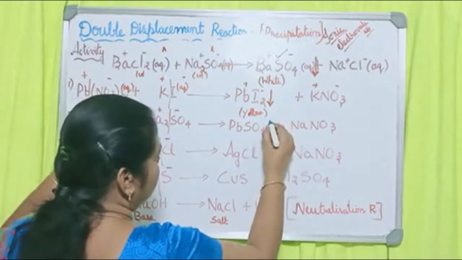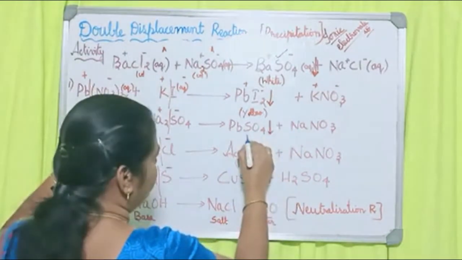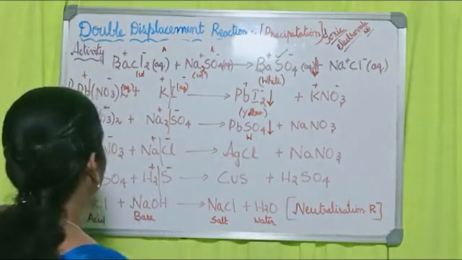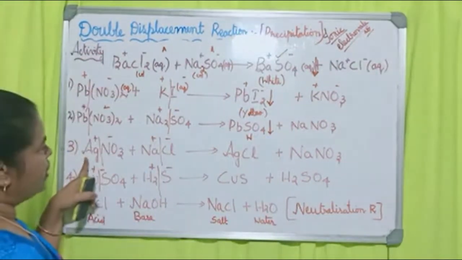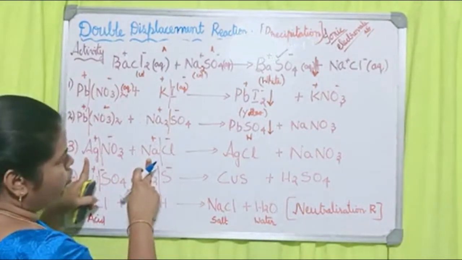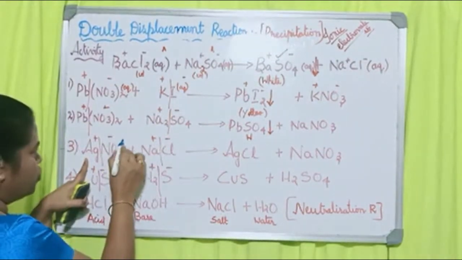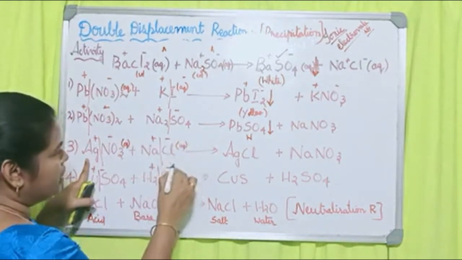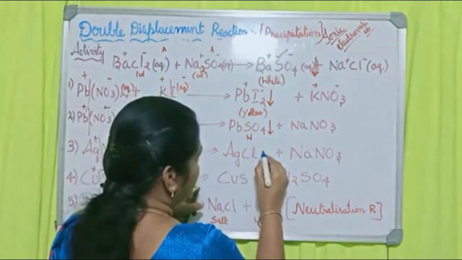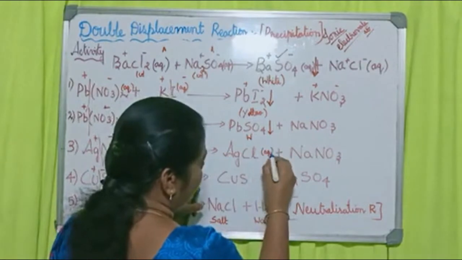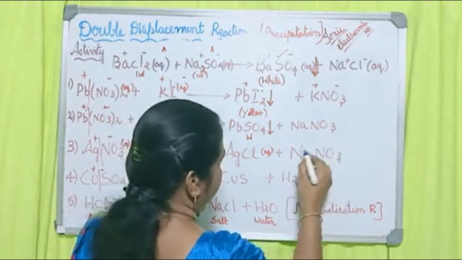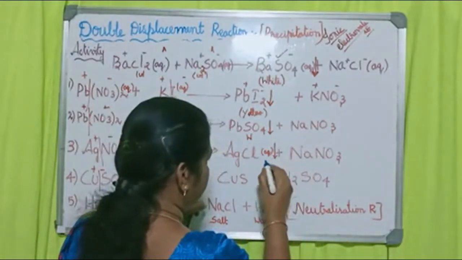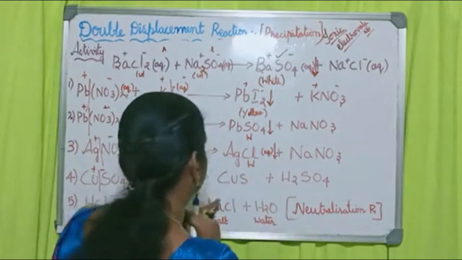This is also a precipitate and it will be white in color. AgNO3, silver nitrate, plus sodium chloride, also aqueous. When it combines, you will get silver chloride plus sodium nitrate. This is a precipitate and it will be white in color.